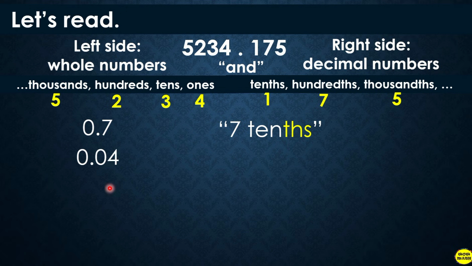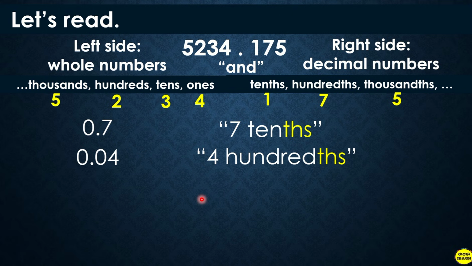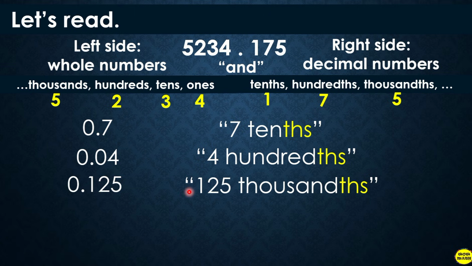Okay, another. So, ones, tenths, hundredths. So, this is for hundredths. Okay, next. This is ones, tenths, hundredths, thousandths. So, that is 125 thousandths.